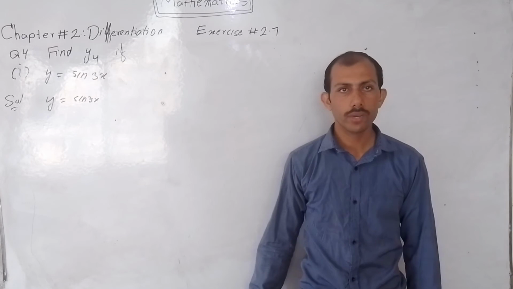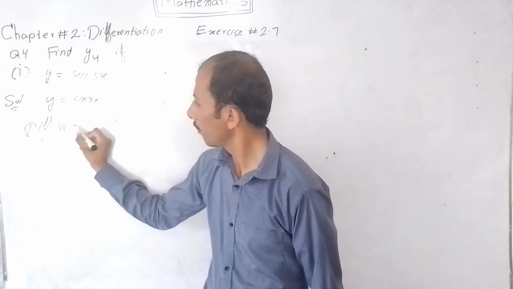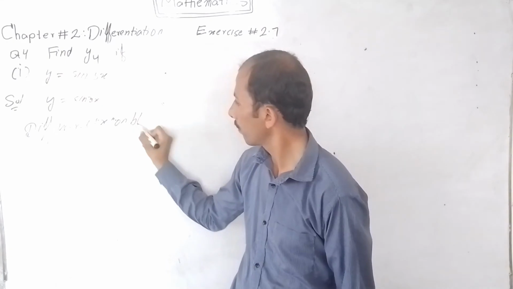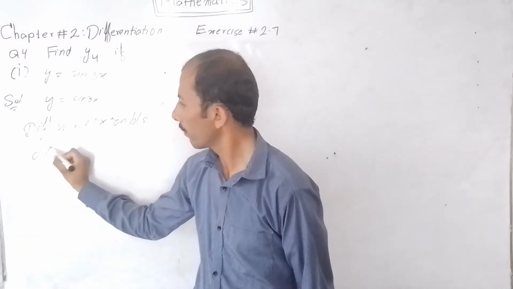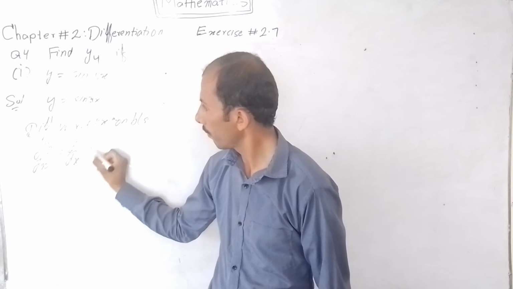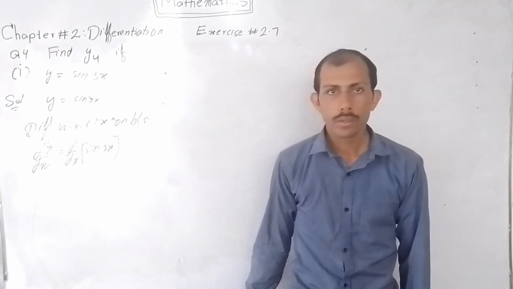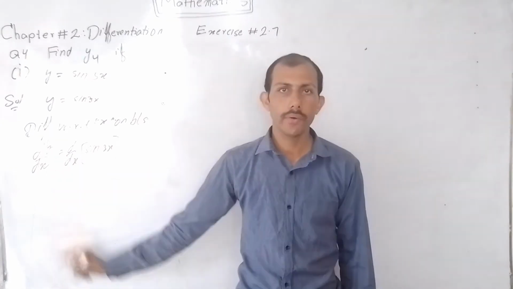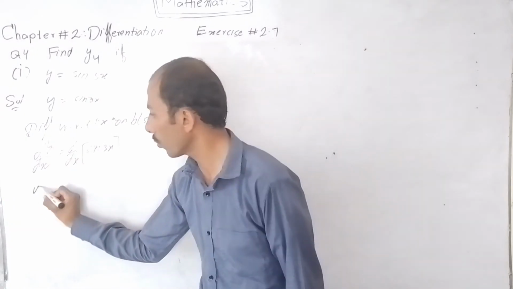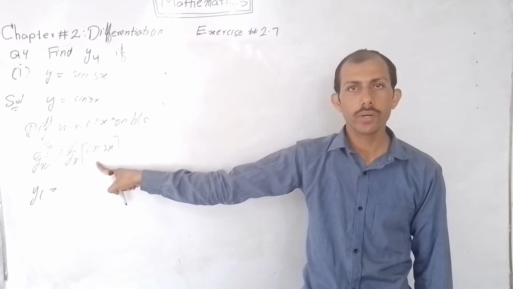Differentiate with respect to x on both sides. dy over dx can also be written in the form of y1 is equal to the derivative of sin 3x, which is cos 3x.